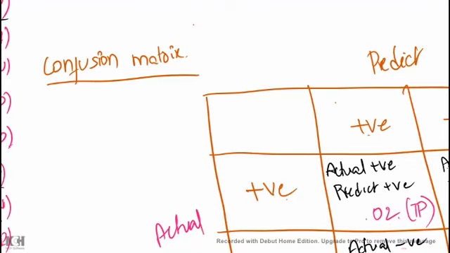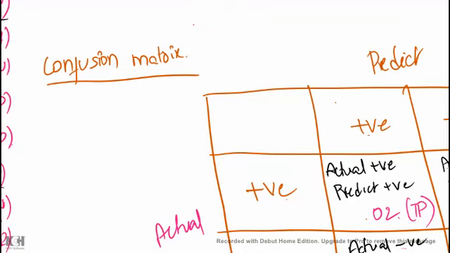You will easily understand. Similarly, we have recall of positive and recall of negative. One works with respect to predicted values, and the other works with respect to actual values.